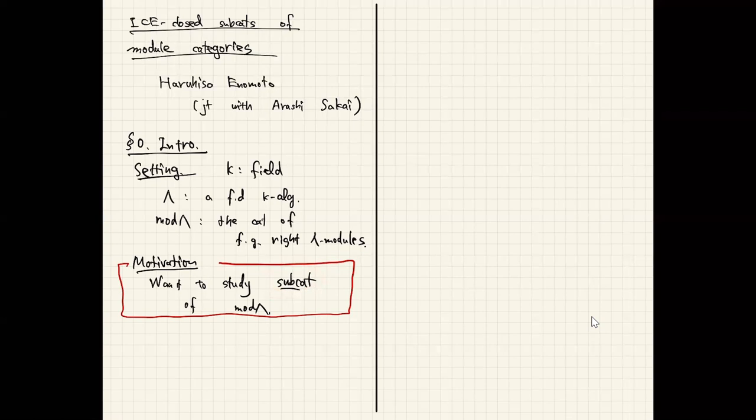More precisely, we want to classify certain good subcategories of mod lambda.